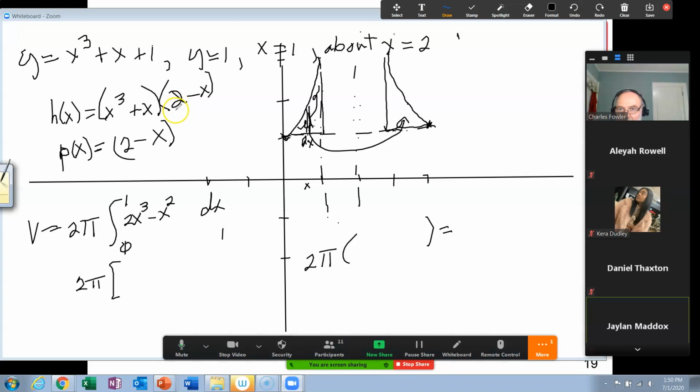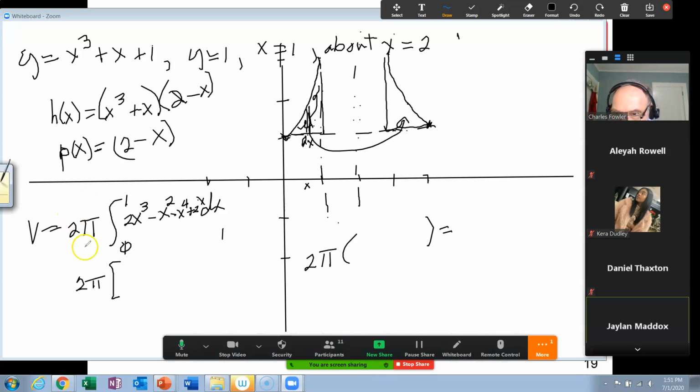Minus x to the fourth. That's this one times that one. And then plus 2x. Okay, that's pretty ugly. I believe that's right. 2x cubed minus x to the fourth plus 2x minus x squared. Yeah, I think I got them all in there.